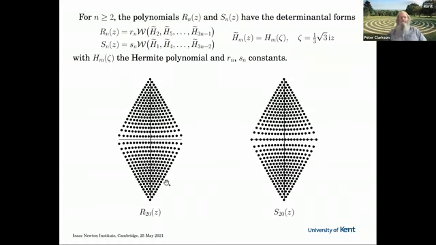And what you see is that the R polynomials now have two triangles. And the S polynomials have these two triangles, again with curvilinear sides, but they now have a row of roots that lie on the real axis.